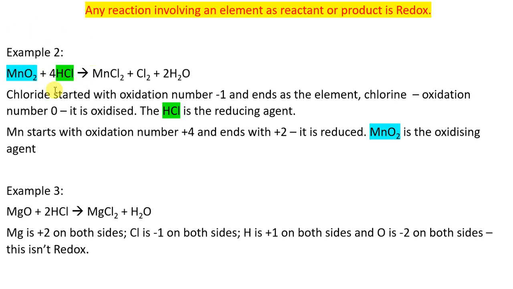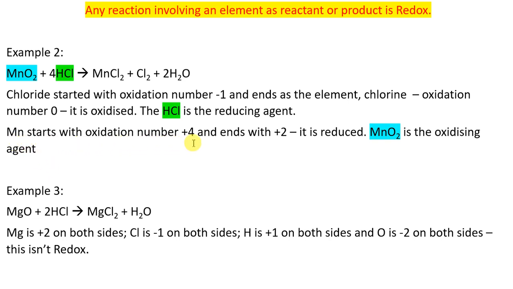Example 2. If I look at that equation, I see chlorine has been formed as an element. It's redox. That's all I need to see. An element is there. It's a redox reaction. Okay, chloride, the ion, started with oxidation number -1 and ends as the element chlorine, oxidation number 0. It's oxidized. Now, HCl is the reducing agent.